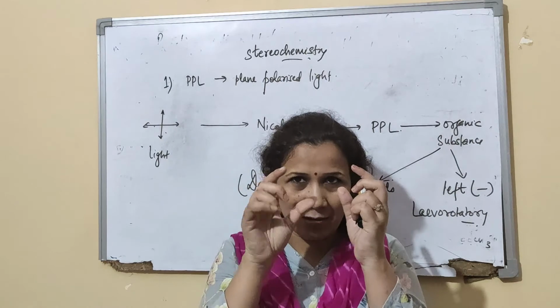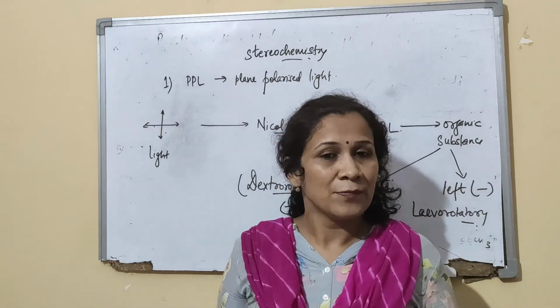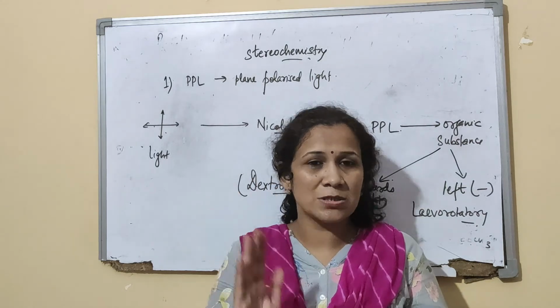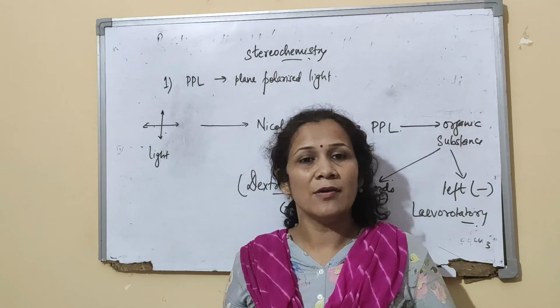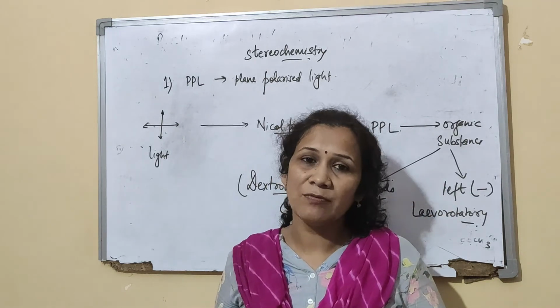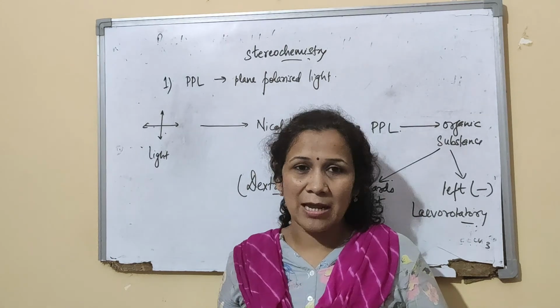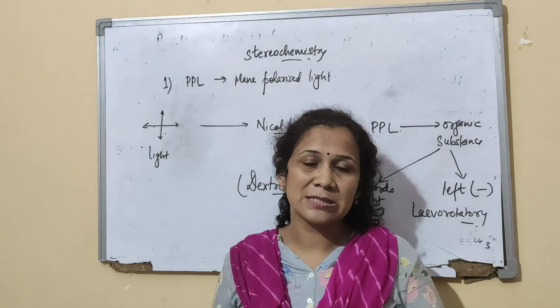You have to see the angle in a spectrometer, in which we see the optical rotation. If you see the light bending towards the right, we call it dextrorotatory. If you see the light moving towards the left, we call it levorotatory. I hope you understood what PPL, plane polarized light, is.